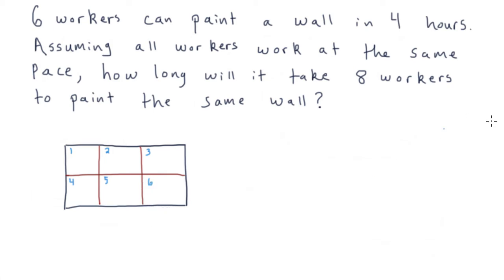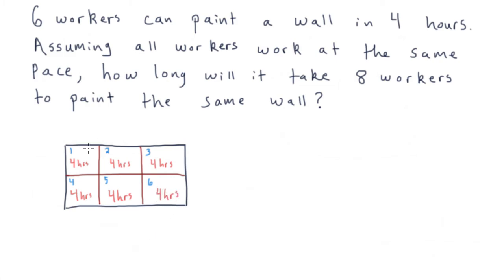Okay, and now what do I know? Well, I know that each worker is going to work for 4 hours on their section of the wall. 4 hours, 4 hours, 4 hours.